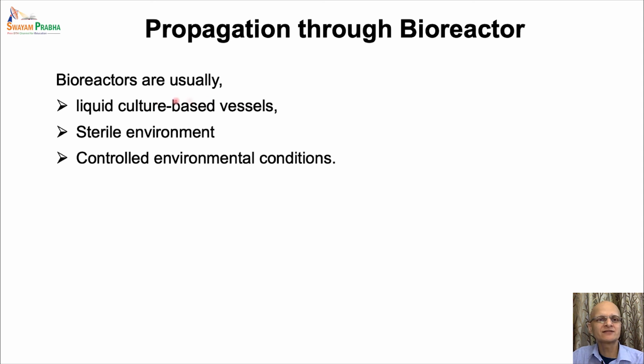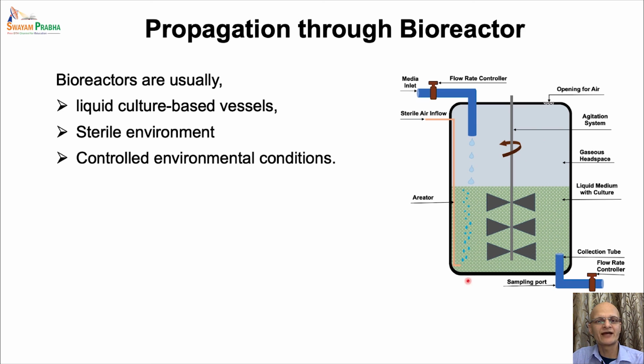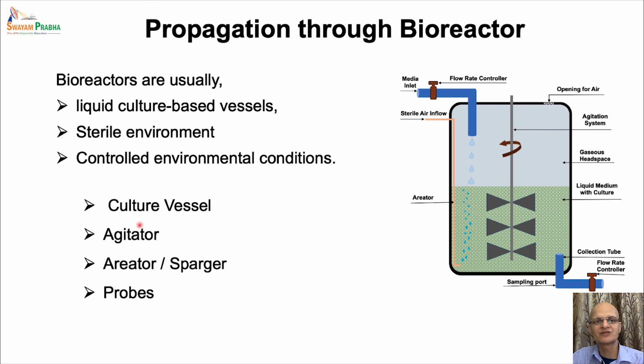So the bioreactors are usually liquid culture vessels that have a self-contained sterile environment, and they are designed for the intensive culture with an opportunity for monitoring the microclimatic conditions inside the vessel, like pH of the medium, temperature fluctuations, or the dissolved oxygen content.